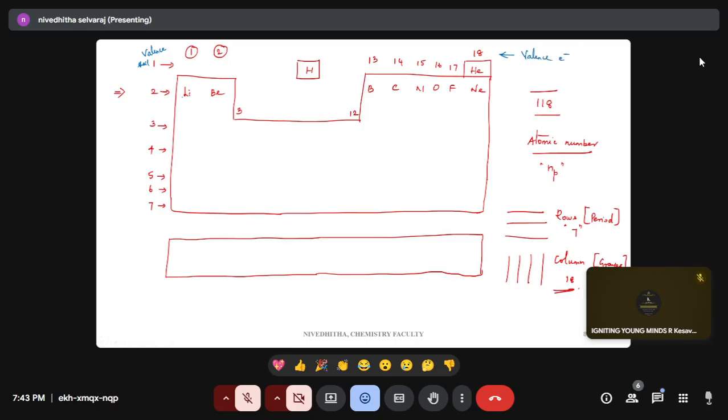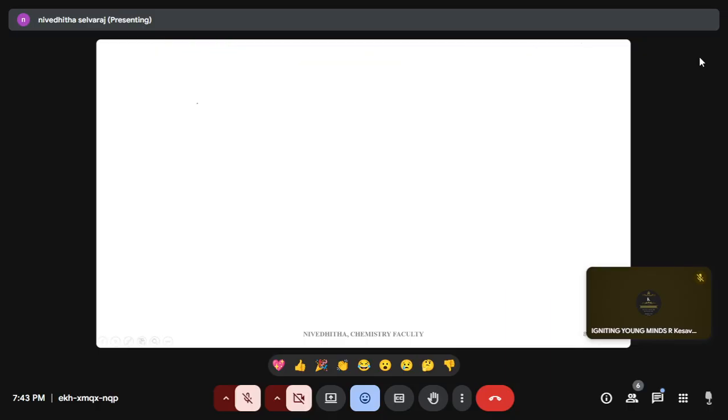For example, let us take lithium. What is the atomic number of lithium? It is the third element, so the atomic number of lithium is 3. What is the electronic configuration? It is 1s2, 2s1. So which is the valency shell, Kanna?